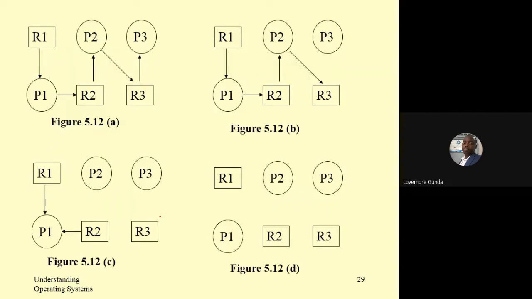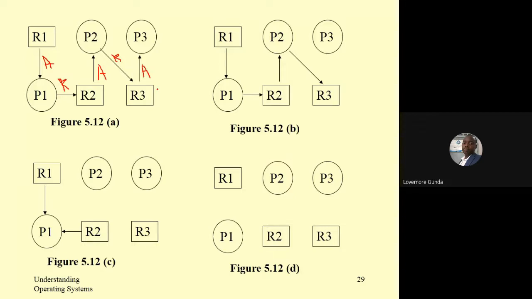Let's see how that is done. So in our first situation, we have resource number 1 allocated to process number 1, process number 1 requesting resource number 2, allocated to process number 2, requested by process number 3, allocated to resource number 3.